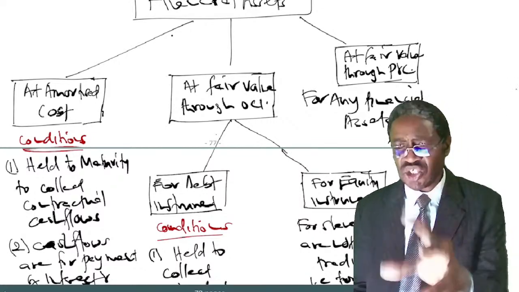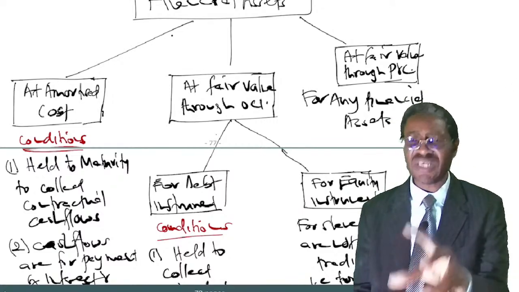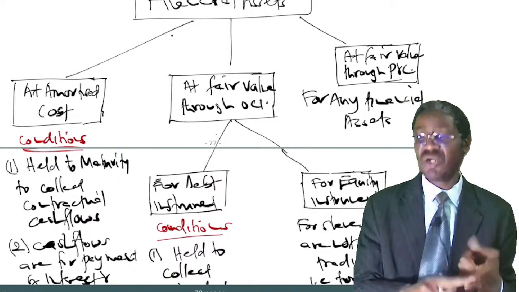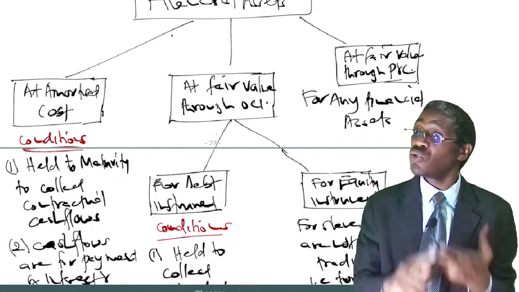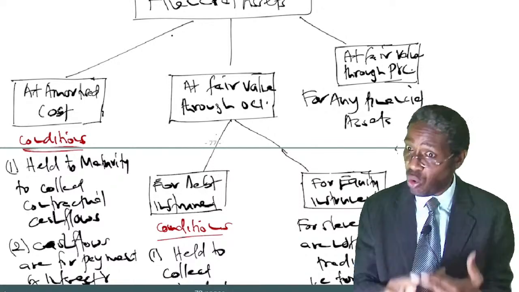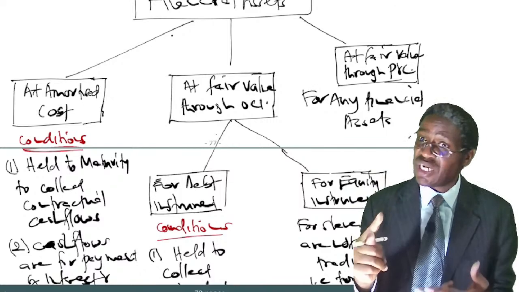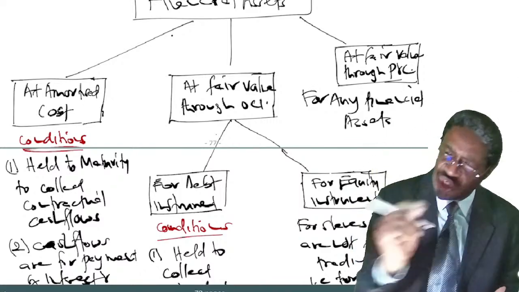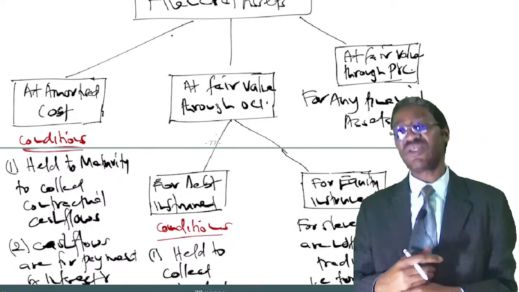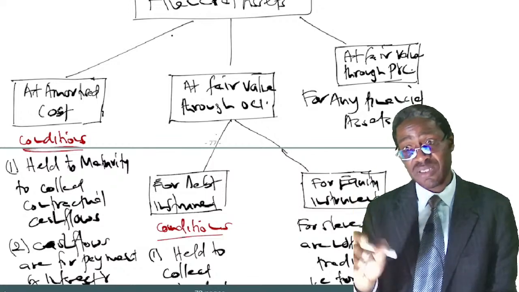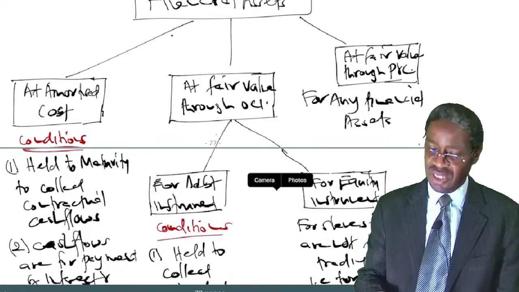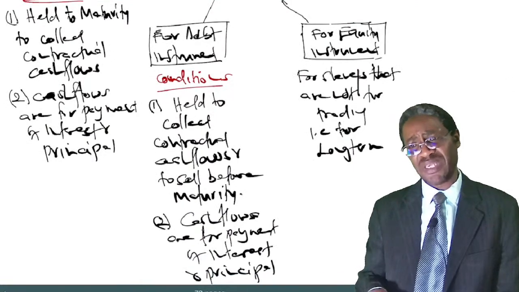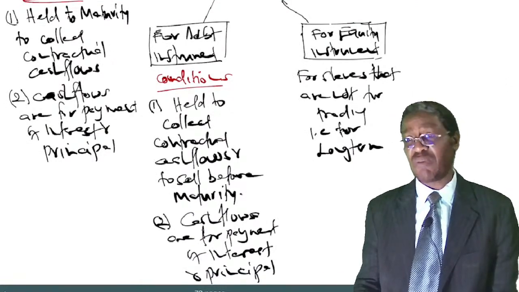If you have a financial asset that cannot be classified under amortized cost or under fair value through OCI, then you still measure it at fair value, but whatever is the change in fair value, take it through P&L. Of course, I hope by now you can think of an example.